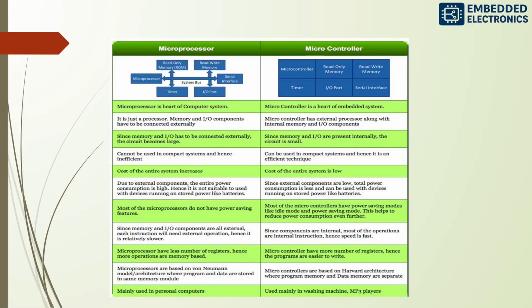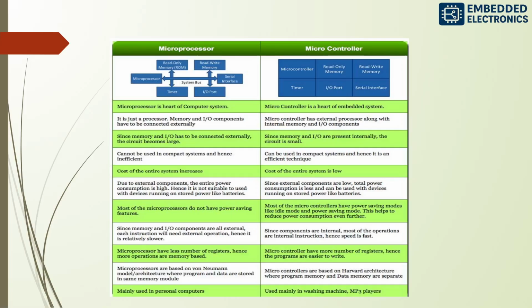Here all components are internal, so most operations are internal instructions. So speed is also fast, and it has more registers, but in a microprocessor we have fewer registers. In the microcontroller, the programs are easier to write.